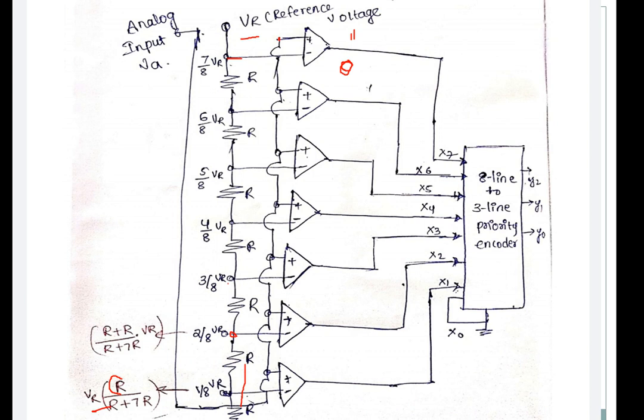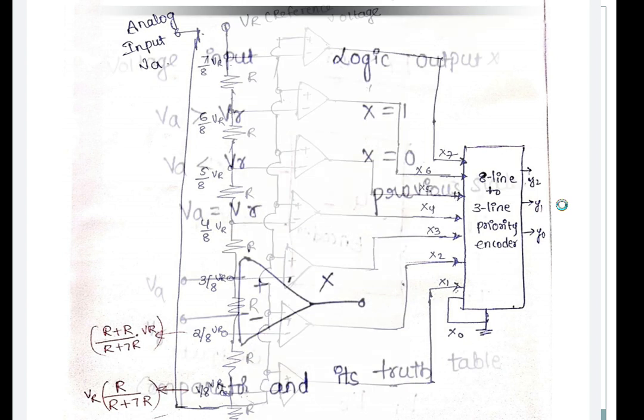Depending on the voltage at the non-inverting terminal and inverting terminal of each and every comparator, the comparator will compare these two voltages and generate either a high or low voltage, and according to that the priority encoder, depending on the priority of the selected bit, will generate the digital output.